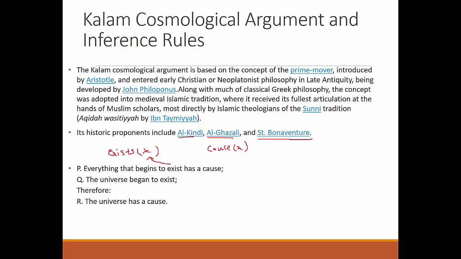So for everything, we will use a universal quantifier, which is this. So we have these 3 things at hand. And we also know that when we have a universal quantifier, then we are going to have an implication along with it. So this statement becomes like this: for all x, if x exists, then it has a cause.